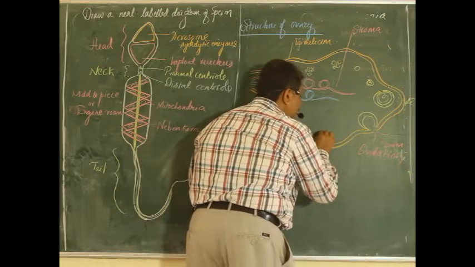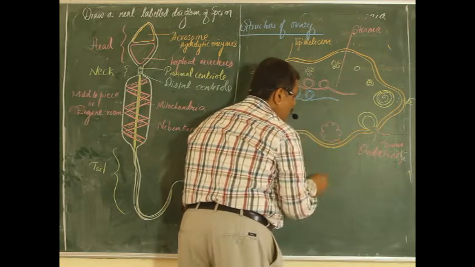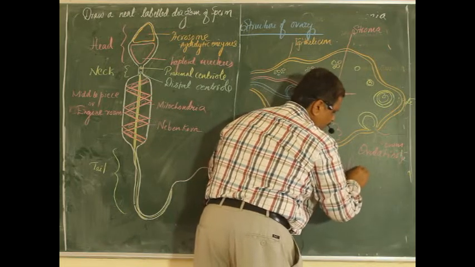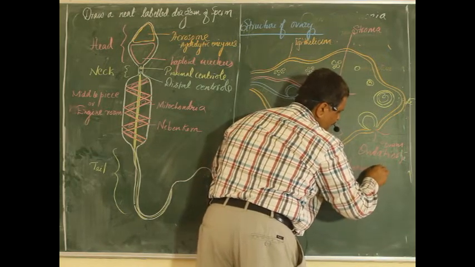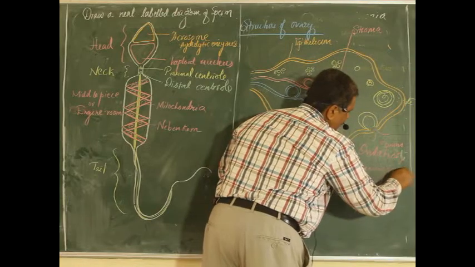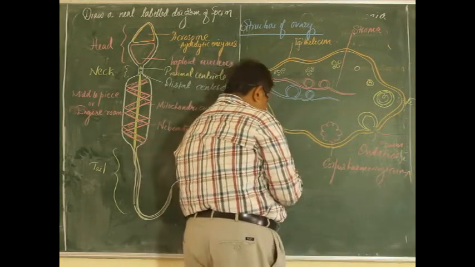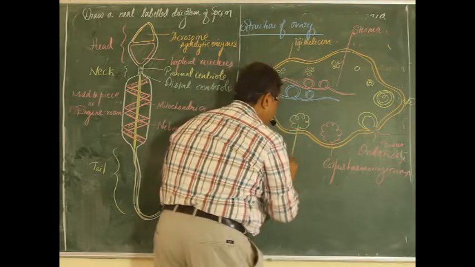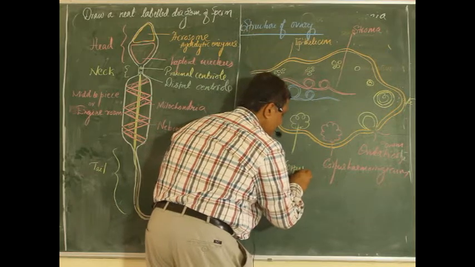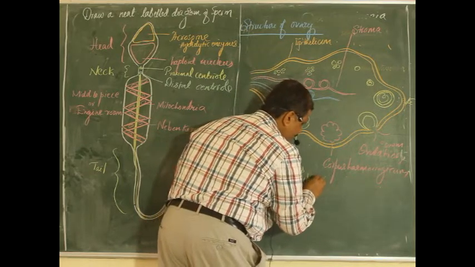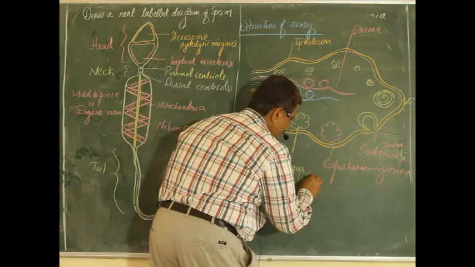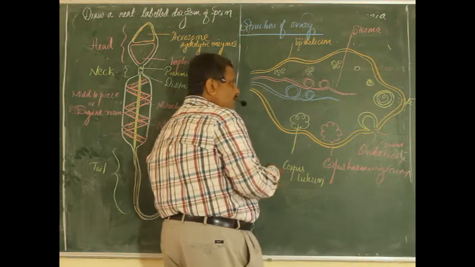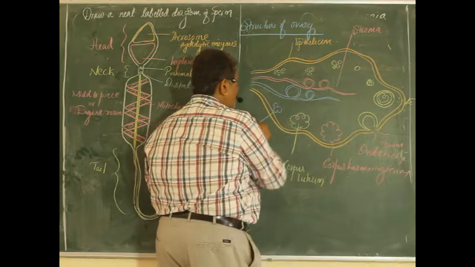Then the injured part that I will explain now. This is called corpus hemorrhagicum, then corpus luteum, and this part is called corpus albicans.